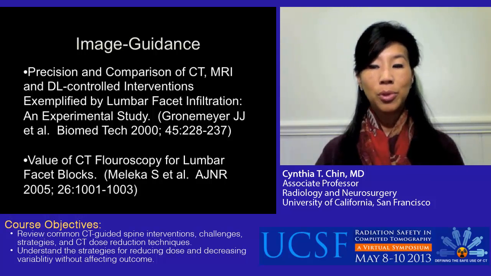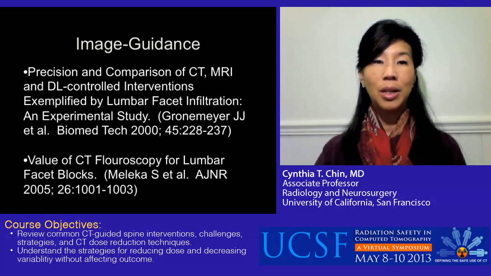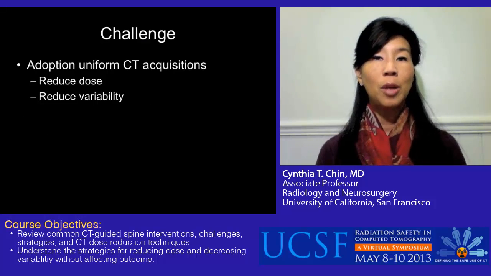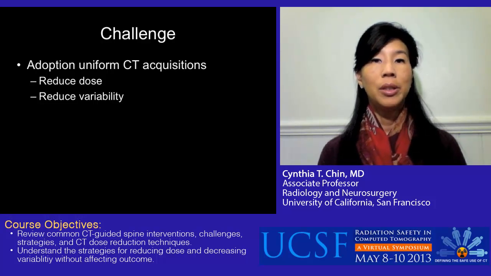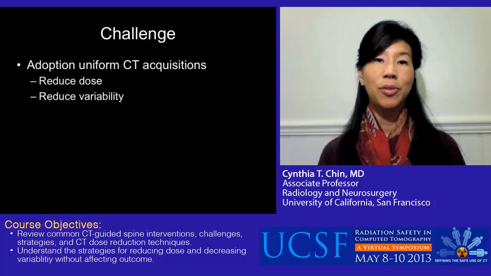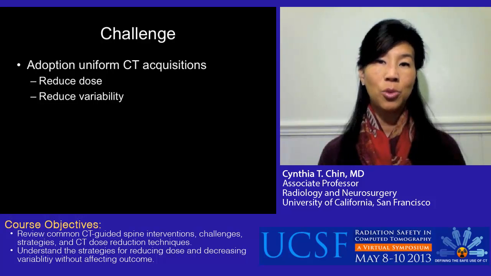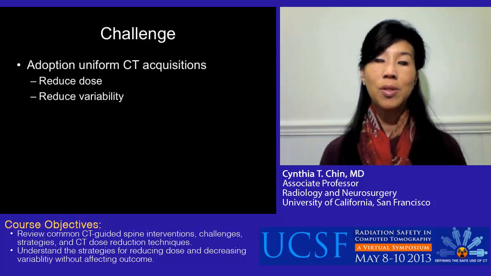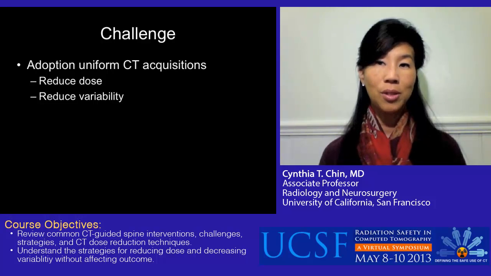And along with the privilege of using CT guidance, we know that the challenge to us is to adopt protocols that allow decrease in radiation exposure for the patients without sacrificing outcome or image quality, as well as to reduce the variability that is inherent when different physicians perform these types of injections.